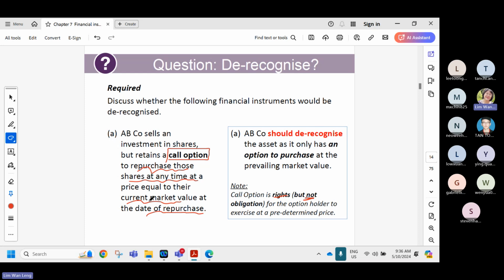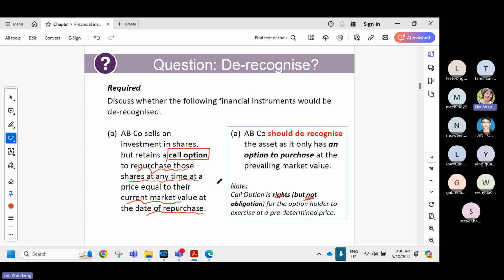But remember that the call option is just a right. That means you have a right, but if you don't want to buy back, you also can. That means you don't have an obligation. But if you have an obligation to buy back, it's different, which means that no matter what, you must buy back. There is no choice given to you.